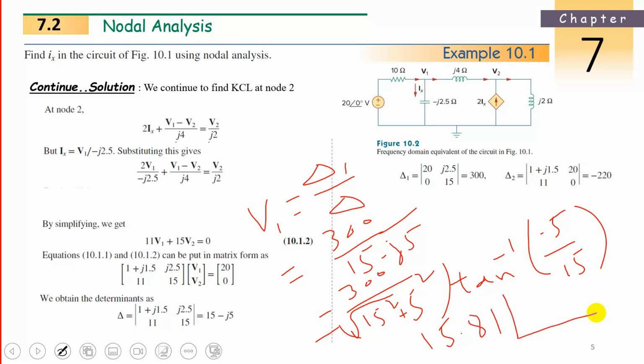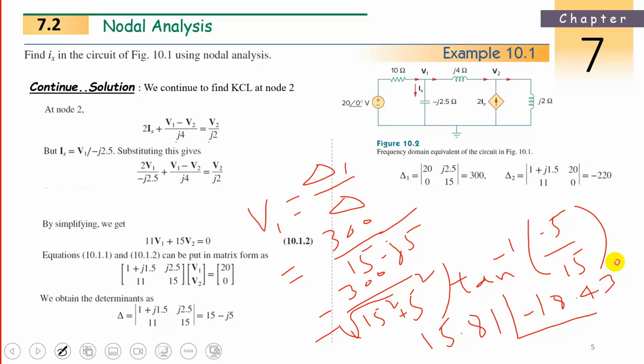And at an angle, tan inverse of minus 5 divided by 15. You are getting minus 18.43. Let me check, yes, minus. So it is minus 18.43. So 300 divided by 15.81 at an angle minus 18.43.